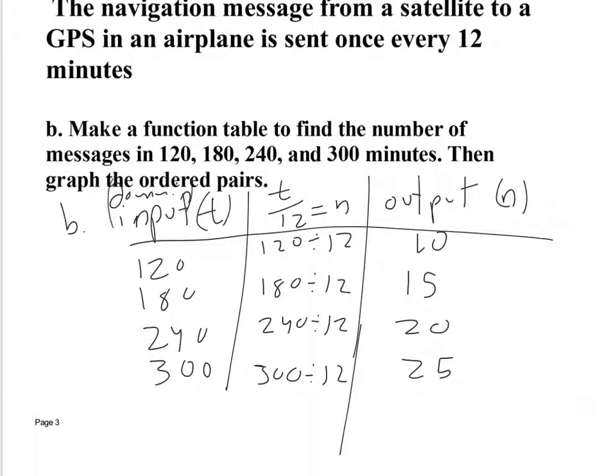If you look, the book does it separately. It writes D out to the side, and then you write 120, 180, 240, and 300. I don't care if you do that or if you just write domain above the input. What would be my range? The output. That's the same thing to me as doing this.